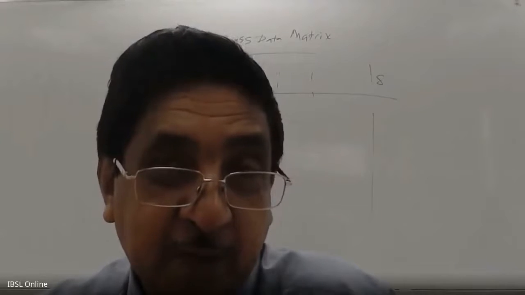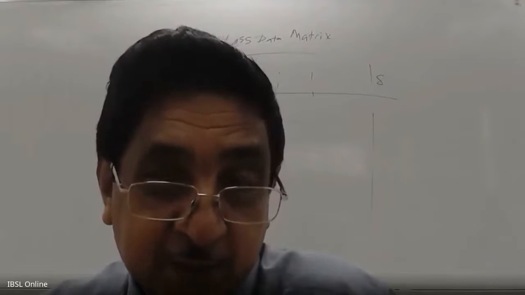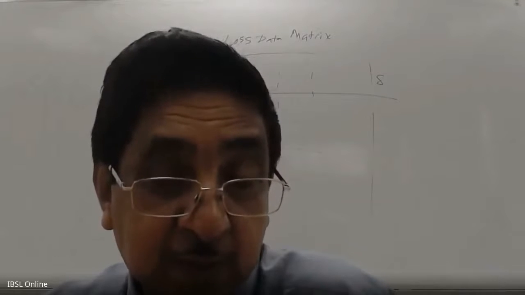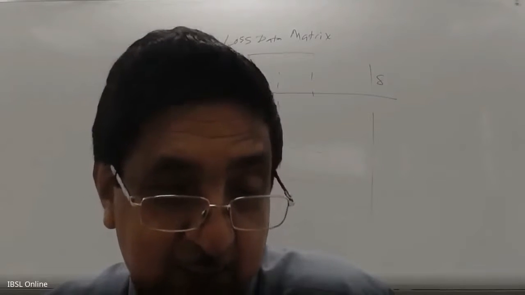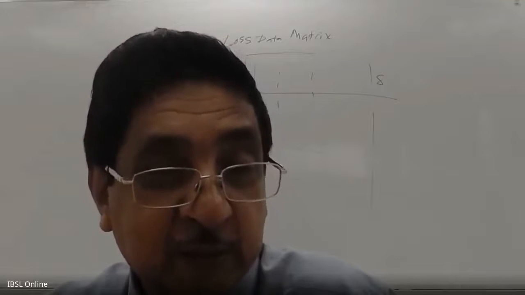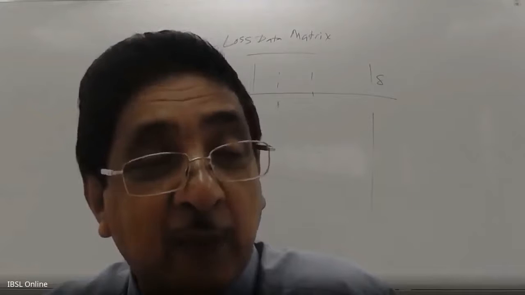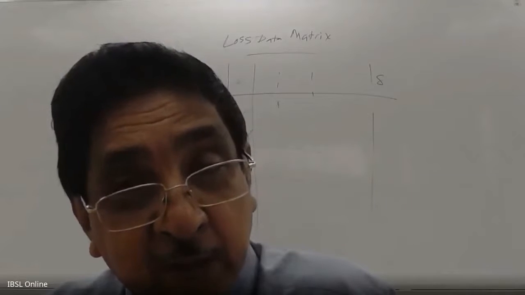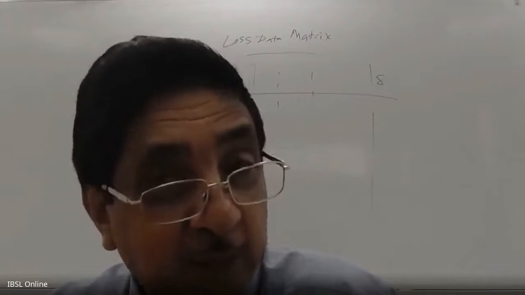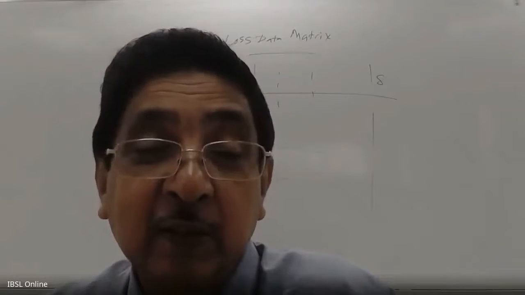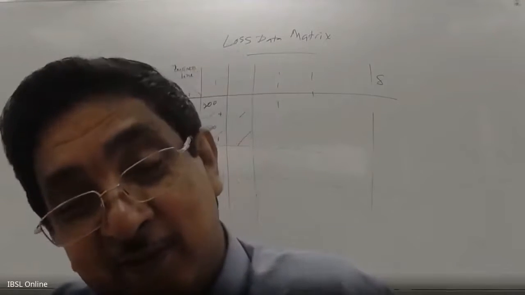If that is the structure, then you will have 7 into 8 or 56 cells in that loss database. But after even 5 years of data accumulation, you might find empty cells.